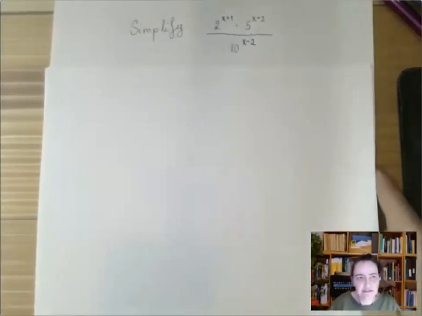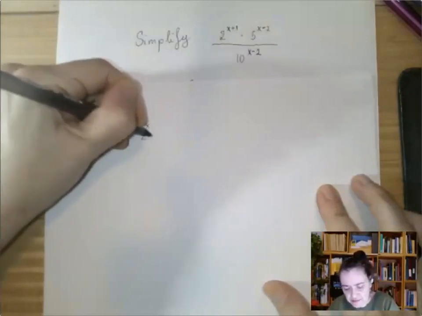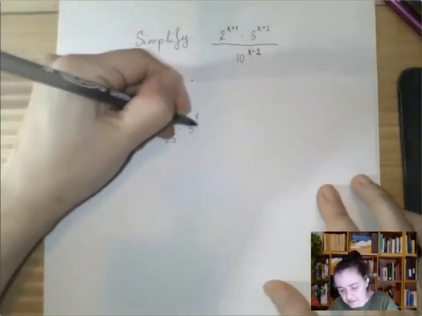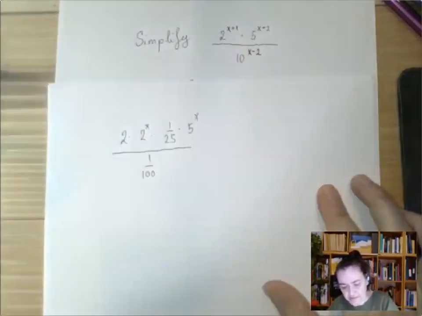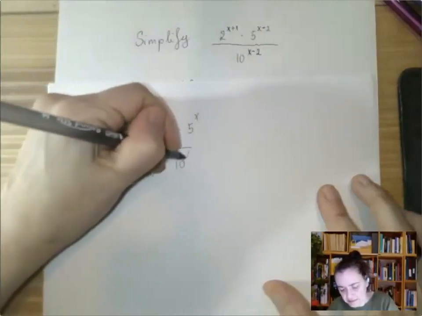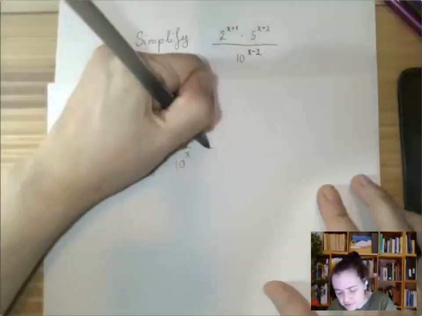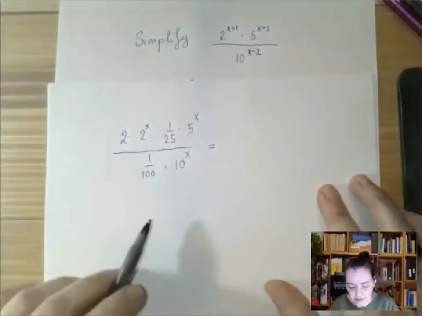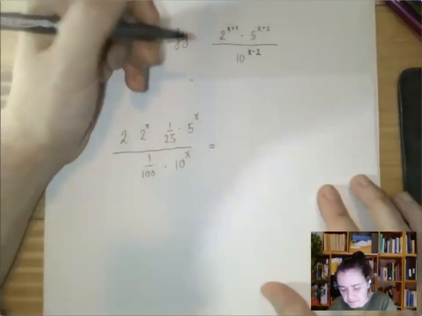And now we can rewrite this expression as 2 times 2 to the x times 1 over 25 times 5 to the x divided by 1 over 100 times 10 to the x. And then we're just going to rearrange stuff, everything with the x in it to the right, everything else to the left.